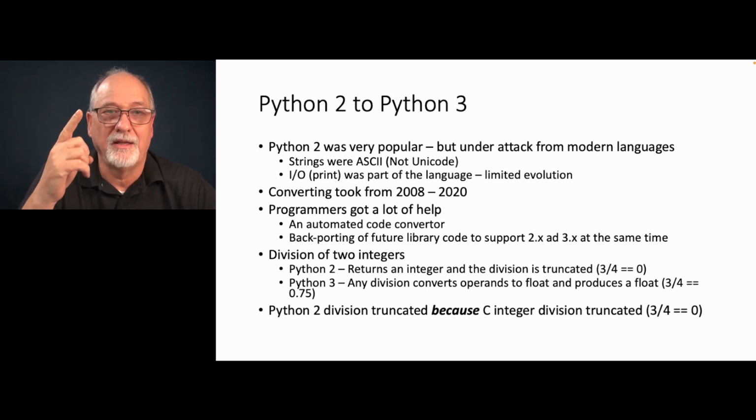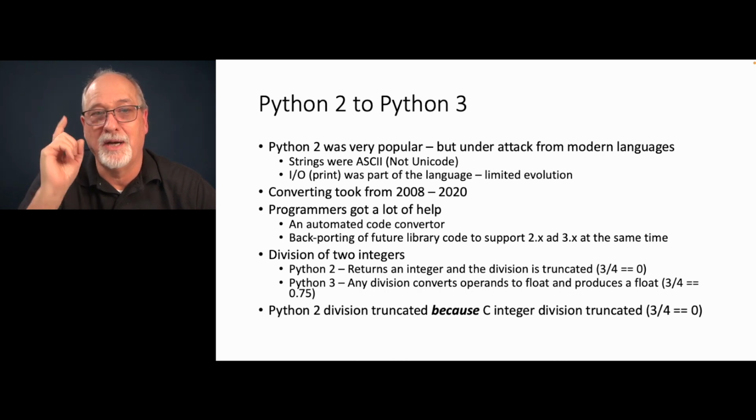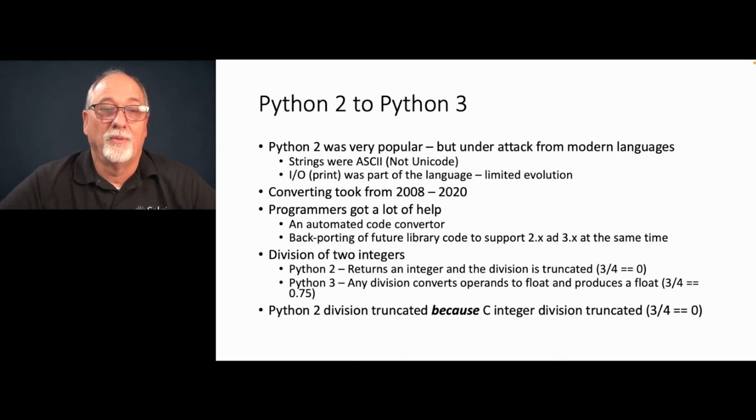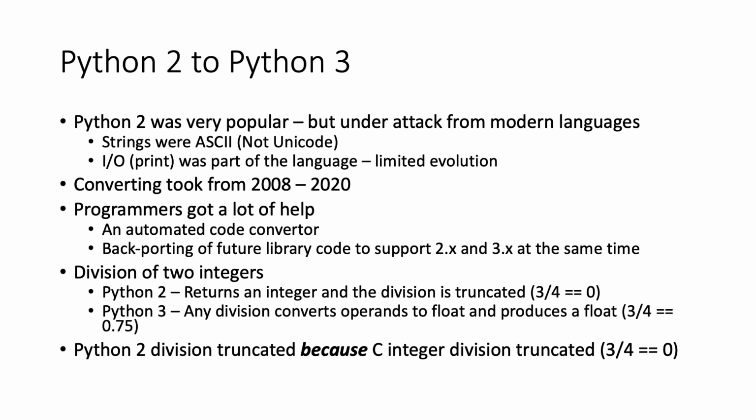The one thing that they really never could crack, and we just had to bite the bullet and get used to, was that Python 2 returns integer, and the division is truncated. So 3 divided by 4 is 0 in Python 2. And in Python 3, integer 3 divided by integer 4 becomes floating point 0.75, because that's what calculators do.